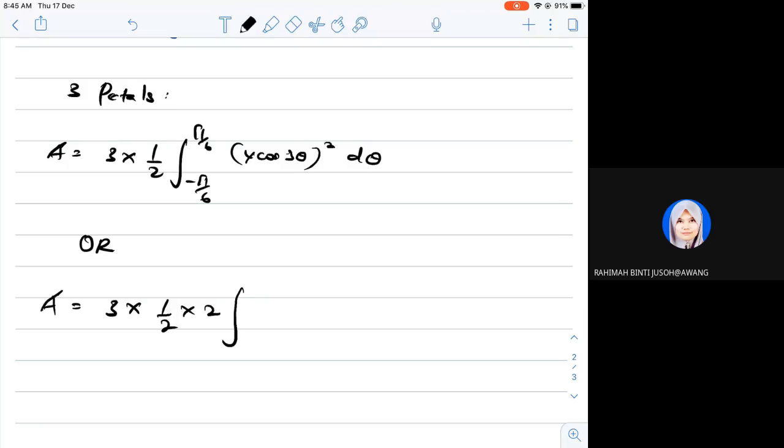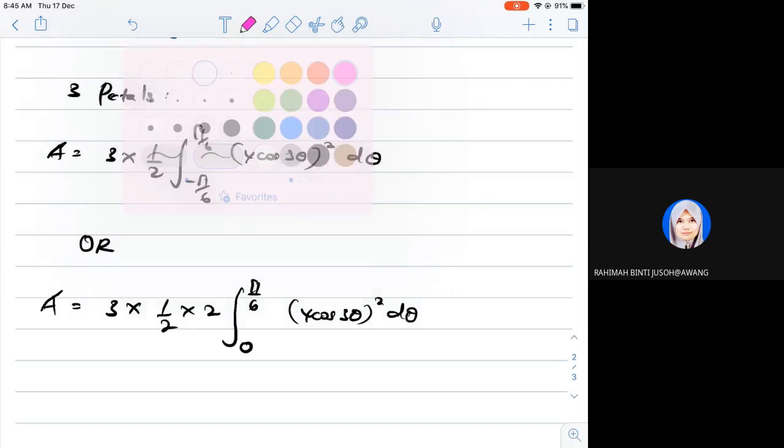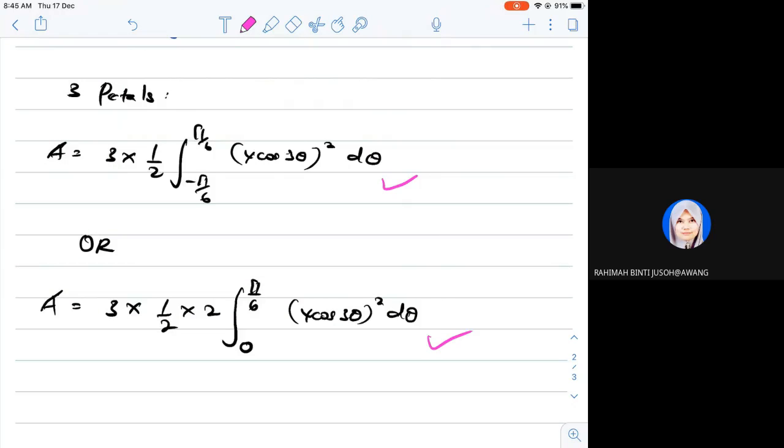So the angle starts from 0 until pi over 6, of (4 cos 3 theta) squared d theta. Both of these will give you the same answer. Don't worry. Either you consider the whole petal or you consider half a petal and multiply by 2. Because the angle starts from 0, we need to multiply by 2.